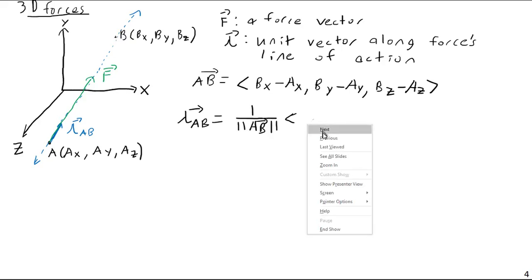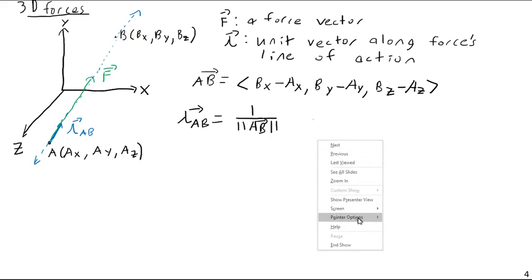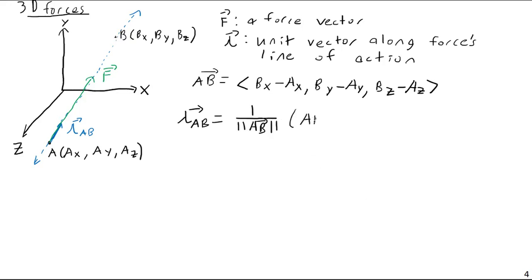Remember this stuff? So literally all you do is you get the magnitude of it, and you simply multiply each of the components.